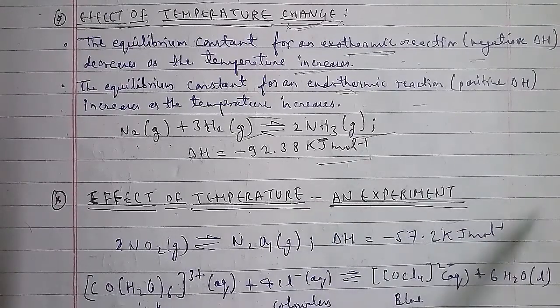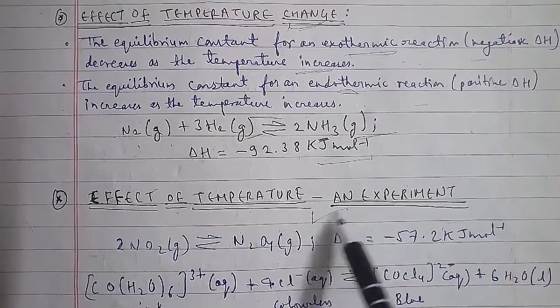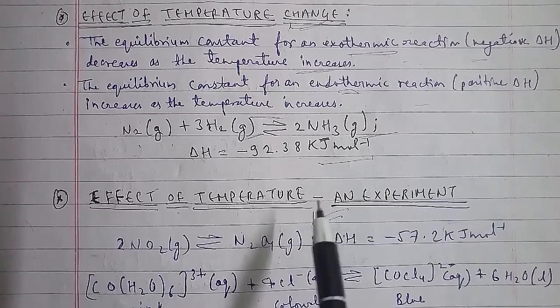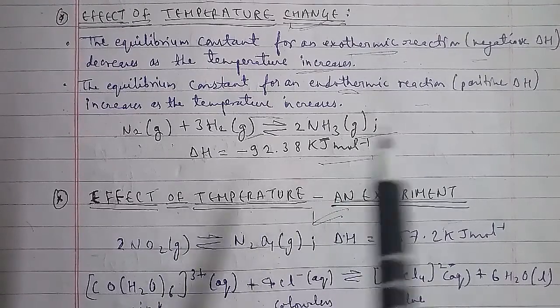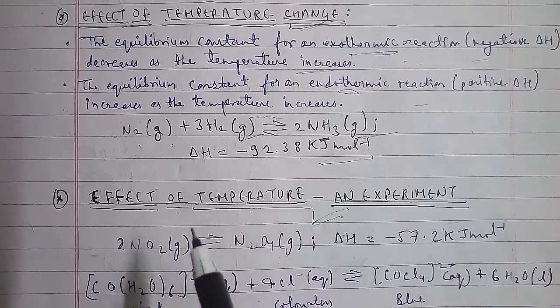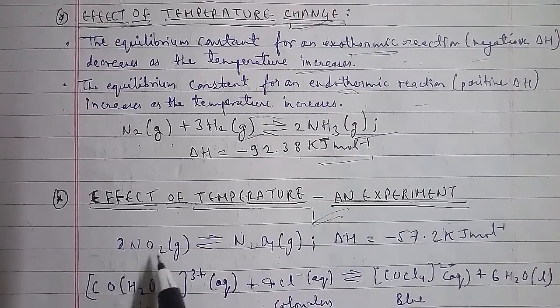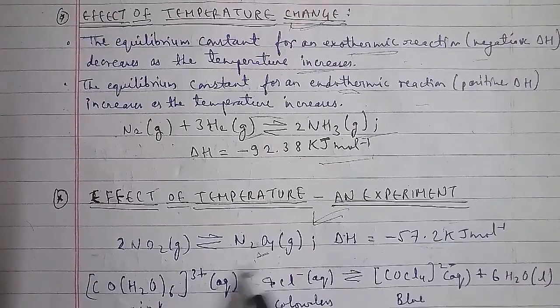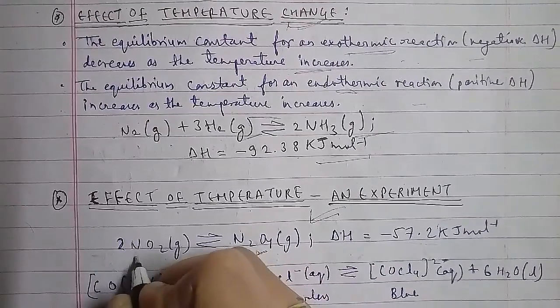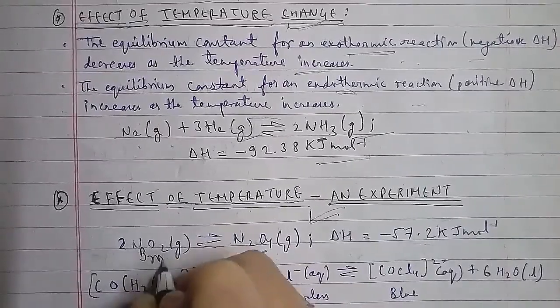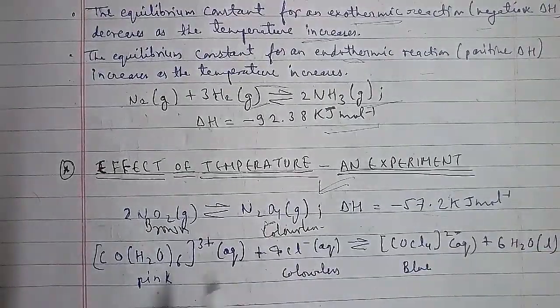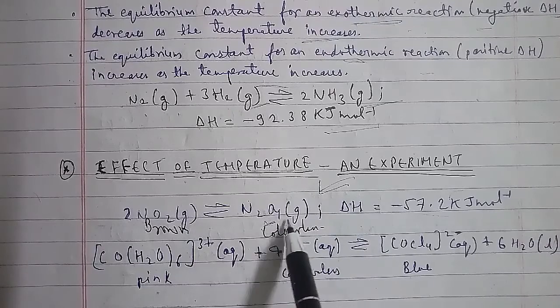Here the NO2 gas is prepared by the addition of copper to concentrated HNO3, and collected in two 5 ml test tubes, ensuring the same intensity of color in each tube, with a stopper sealed with araldite. Three 50 ml beakers containing a freezing mixture, water at room temperature, and hot water at 363 Kelvin respectively are taken, and both test tubes are placed in the beakers. The effect of temperature on the direction of the reaction is depicted very well in the experiment.